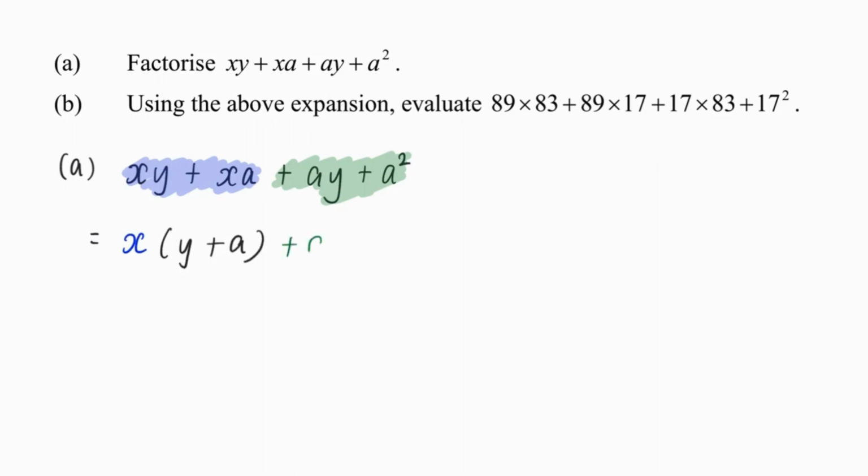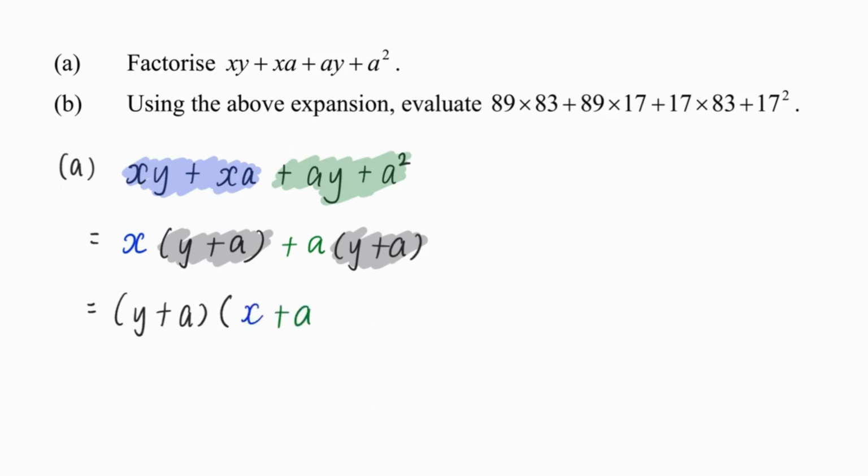Common factor is a, and I'm left with y plus a. And so I will then be able to factorize out the y plus a, and I'm left with x plus a as the other bracket.